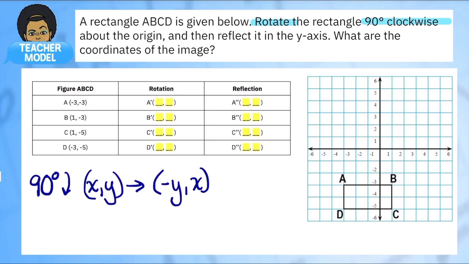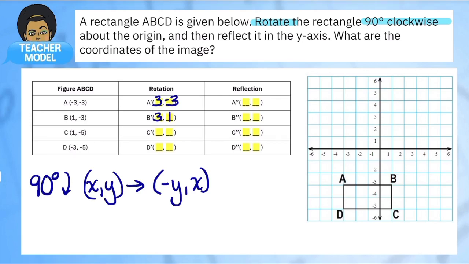The first one's pretty easy. My -3 stays the same, so it's still going to be -3, except the first one's going to be an opposite. So it's going to be +3 and then -3. That's my new point. Let's go to B prime. I'm going to flip it. It's going to be +3, it has to be the opposite, and then 1.